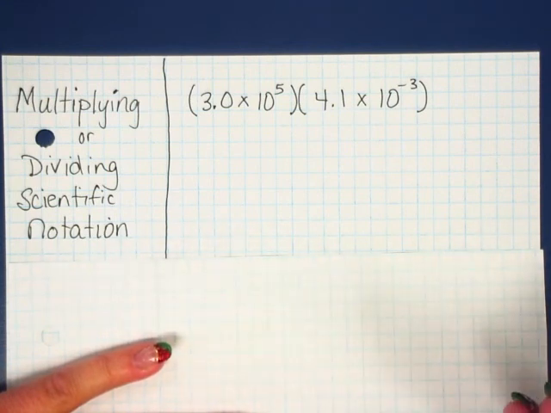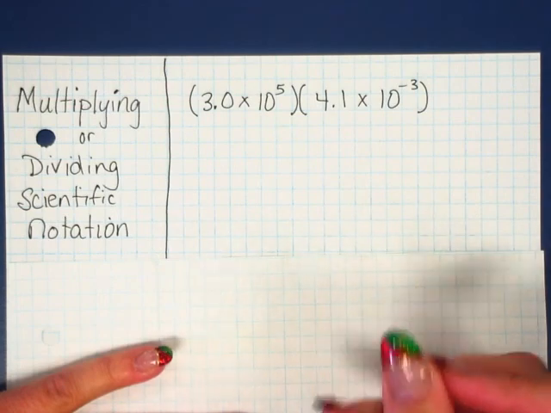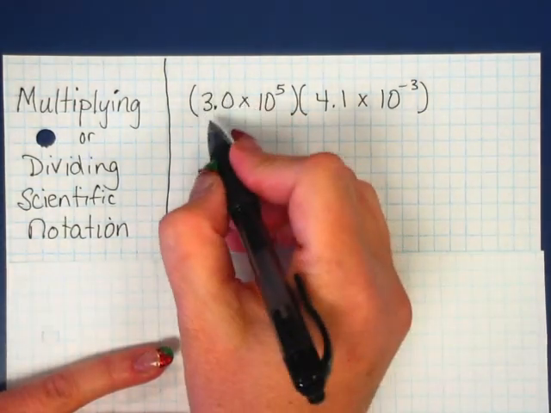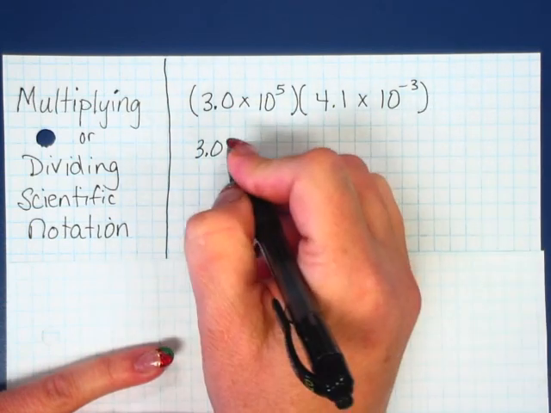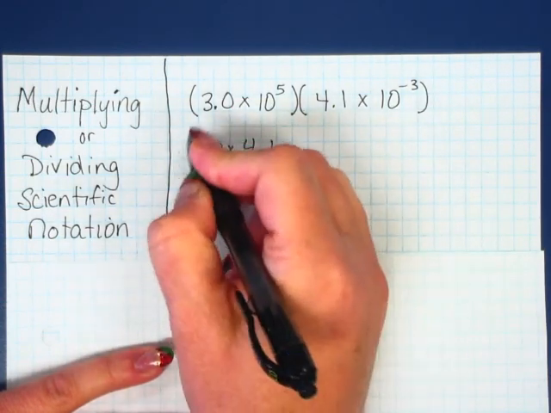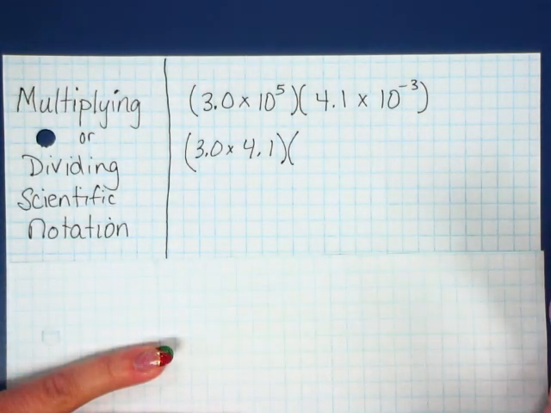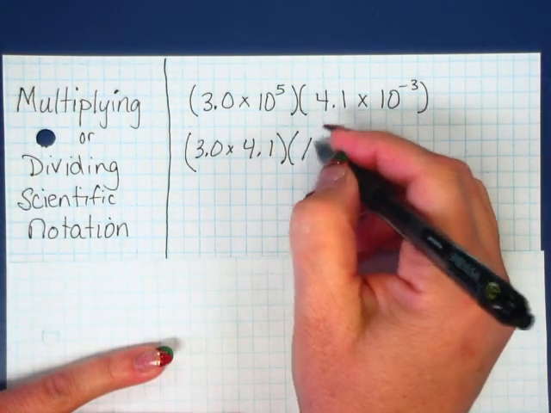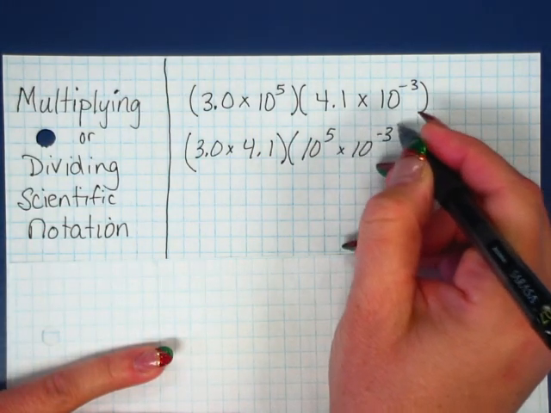Just like in section 3 when we were multiplying monomials, we're going to collect the things that are similar. So we have 3.0 and 4.1. They are the plain numbers. Put them together. Put the tens together. So 10 to the 5th times 10 to the negative 3rd.